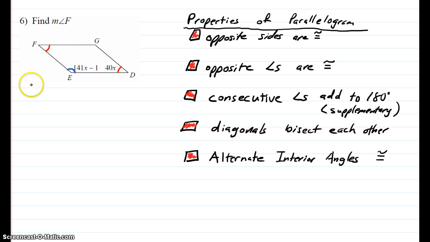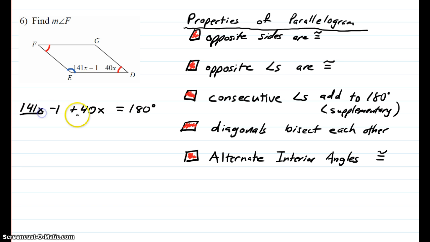So we're just going to write exactly what we just said, that the two angles that are touching, the consecutive angles, add to 180 degrees. So 141x minus 1, that's that first angle, plus 40x is equal to 180 degrees.